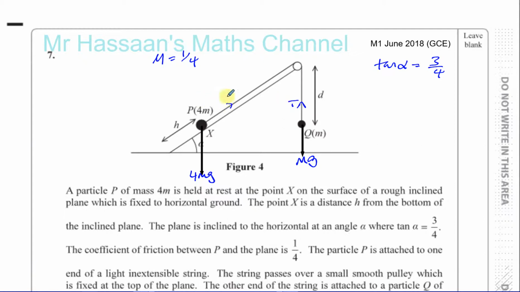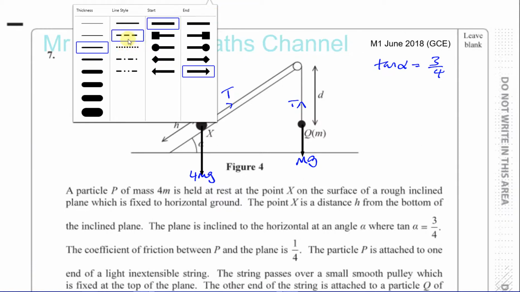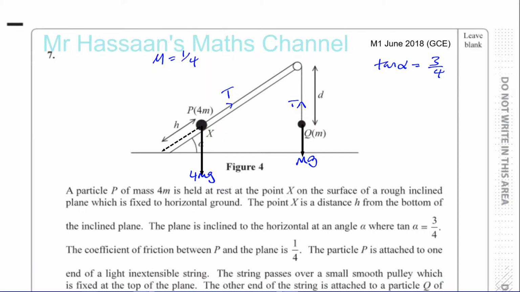Resolving those forces in the directions parallel and perpendicular to the plane for this P, parallel to the plane it's going to be 4mg times sine alpha, because this angle is alpha here.